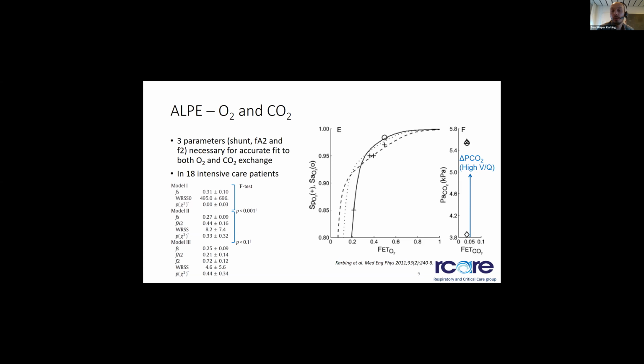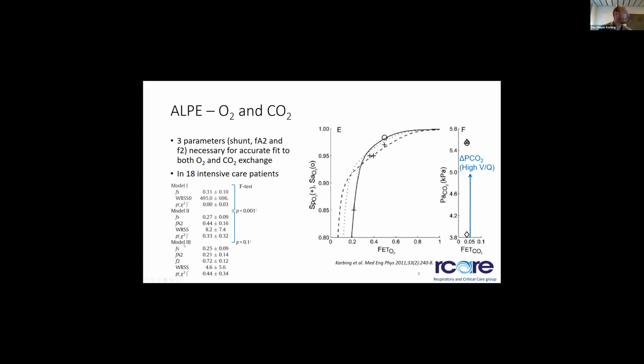If it was oxygen only, we would only have degrees of freedom enough to describe shunt and either FA2 or F2, and the other VQ mismatch parameter would be locked. We showed in 18 ICU patients that if we had 1 parameter, 2 parameters, or 3 parameters, we would have an increasing ability to describe oxygen and carbon dioxide gas exchange.